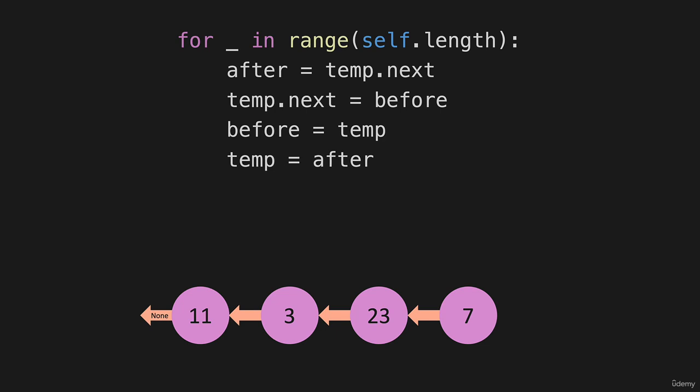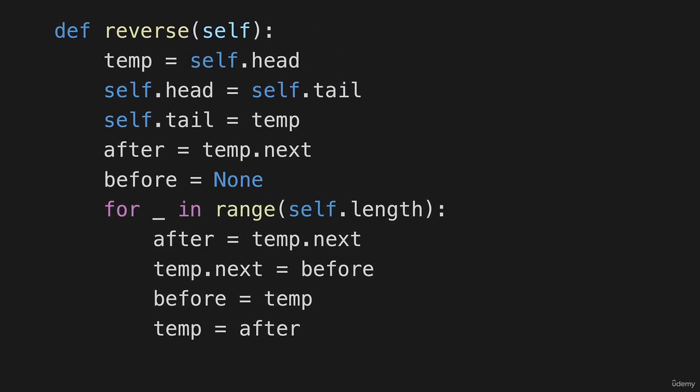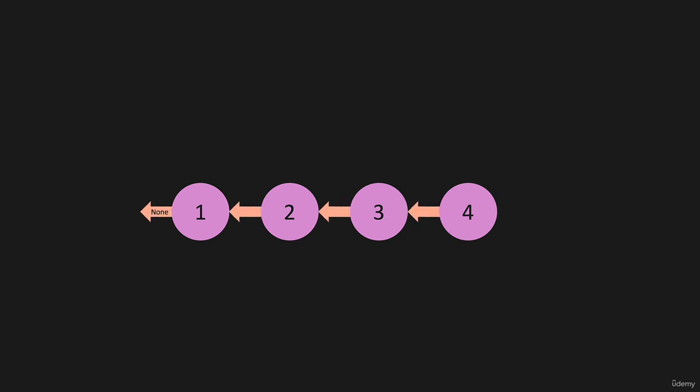Now let's add the for loop in with the rest of our code. And that is the method for reverse. So we'll look at this in a moment in VS Code, and we will create a linked list that looks like this: 1, 2, 3, 4, and then we'll run reverse, and it'll be 4, 3, 2, 1.